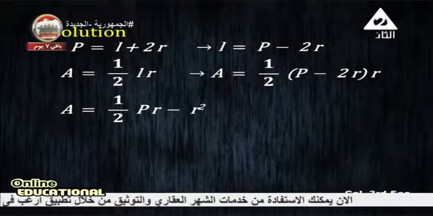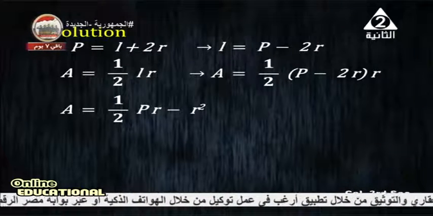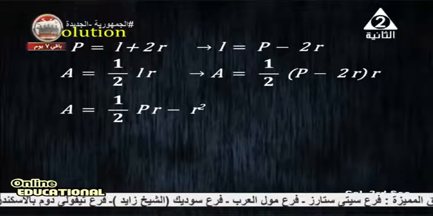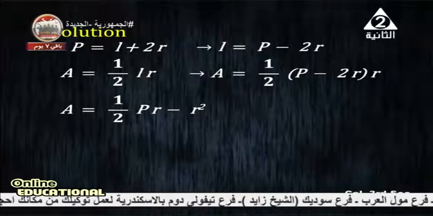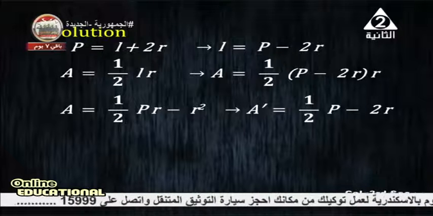This is a relation between two variables, the area of the circular sector and the radius of the circular sector. Now, what is the critical point? To get the critical point, we first find a dash, the first derivative of this function.